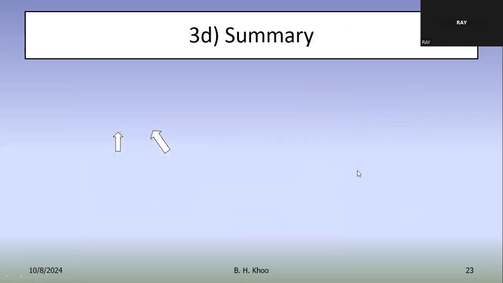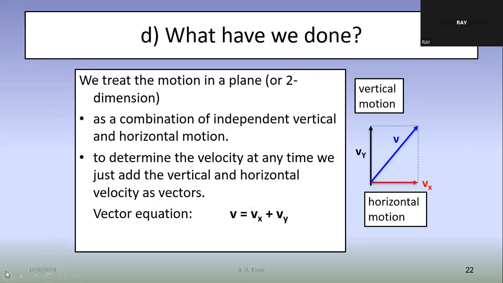Can I ask, is Vx always using cos? Horizontally there's no force, so it's uniform velocity, always the same. Horizontal I use cos, vertical I use sine. It depends on where you put the angle.